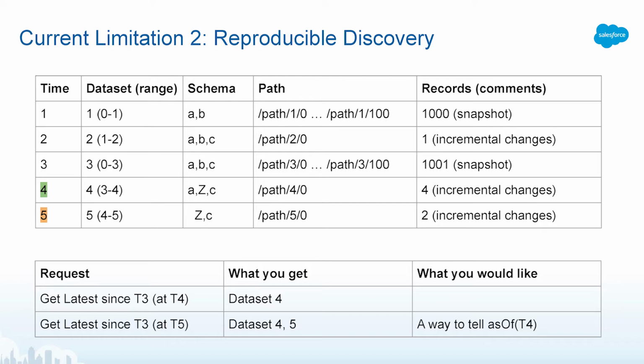At time 4, a smaller data set was created with just 4 new records for, say, account at Acme. But something major happened at that time. An admin changed the field type, renamed the field B into Z. And at time 5, the admin changed the schema again and removed field A, say. Also with a very small number of new records for that object.